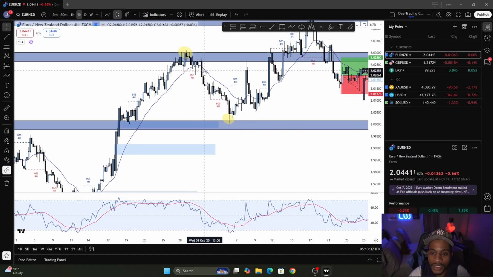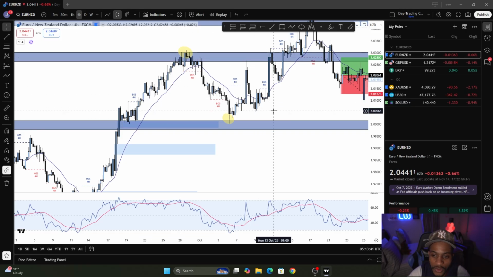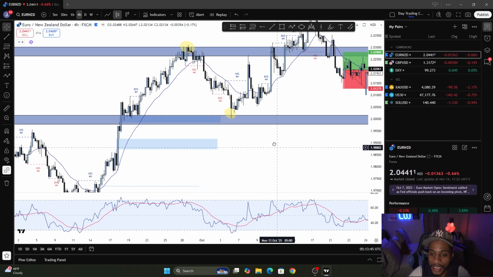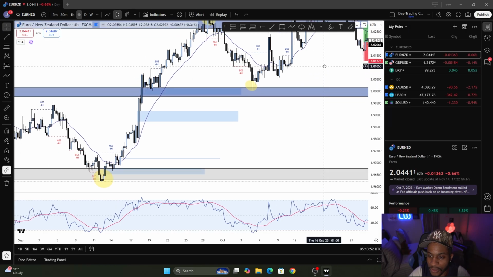So you never want to say, oh, price is going to go here and then it's going to do that and then it's going to do that. You never want to be that type of trader. You always want to react. So pretty much I'm going to start from scratch.